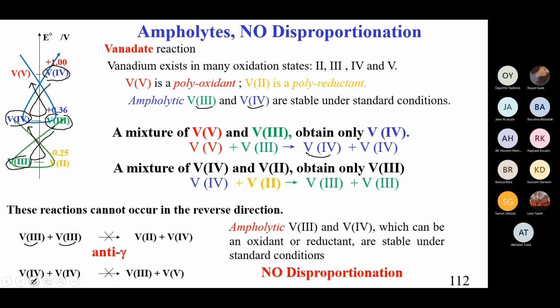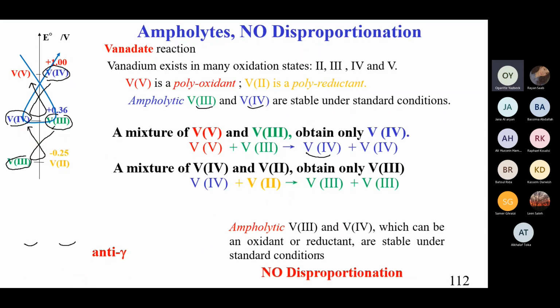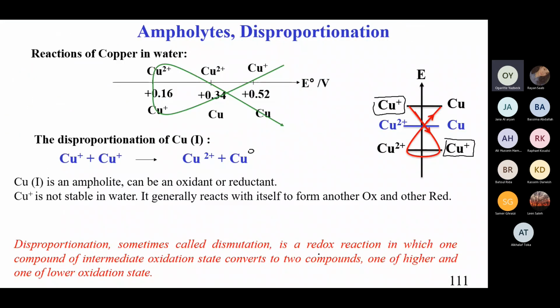Are we clear about this difference between stable and unstable ampholytes? Copper plus, remember, is not stable because copper with another copper is in the gamma direction, and that means it'll be spontaneous, and therefore copper plus is an ampholyte that is not stable.